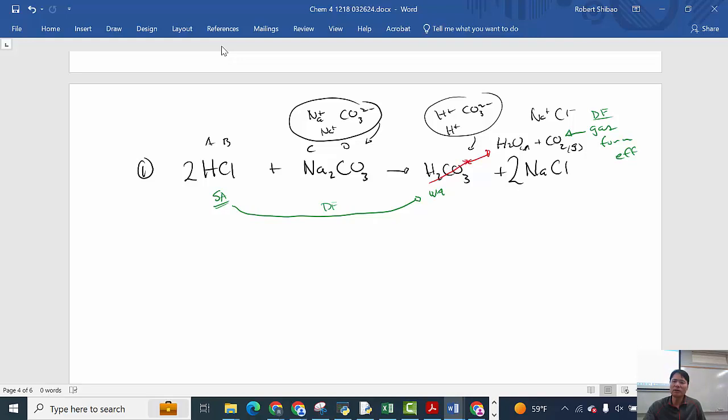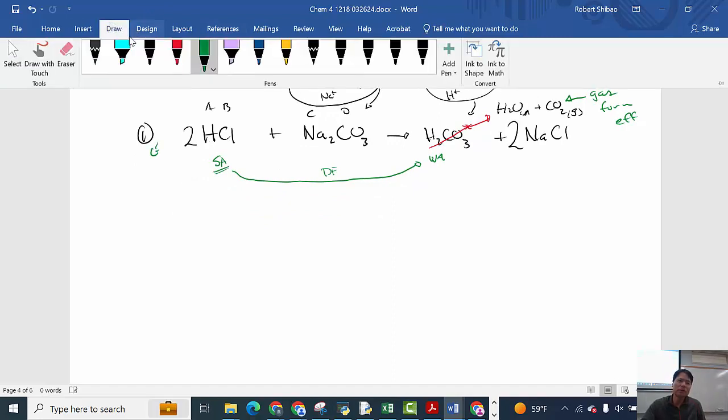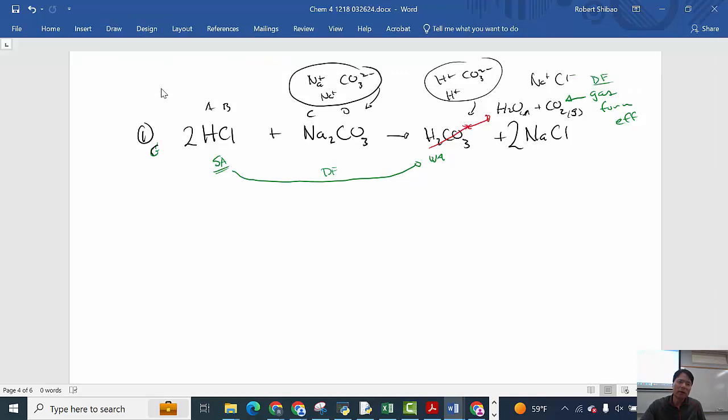The H2O is a liquid, CO2 is a gas, and so this reaction should occur. This is what we call the complete or total equation, or whatever you want to call it. I don't think there's a good fixed name for this. The only one that has a really good fixed name is the NIE.